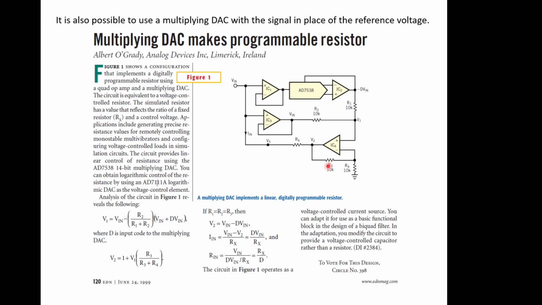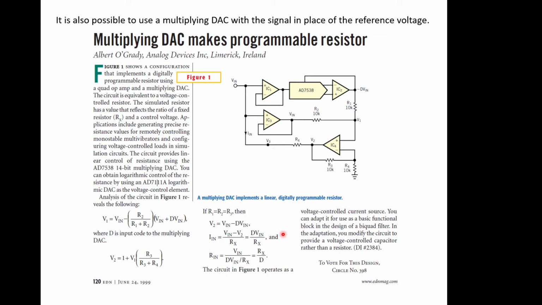Okay, it's complicated, but it's an interesting technique, and there's some basic analysis giving you the headlines here, which you can follow through if you want to. The circuit operates as a voltage controlled current source, which is the definition of resistance in many ways. It's the sort of thing that you can use in an integrated system, and it says for use as a basic functional block in the design of a biquad filter.